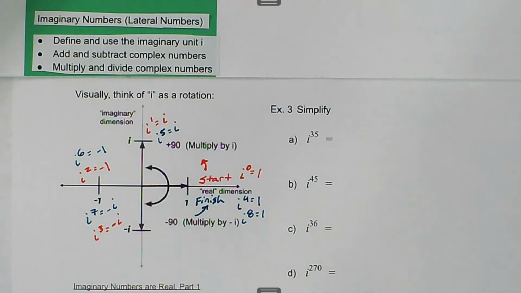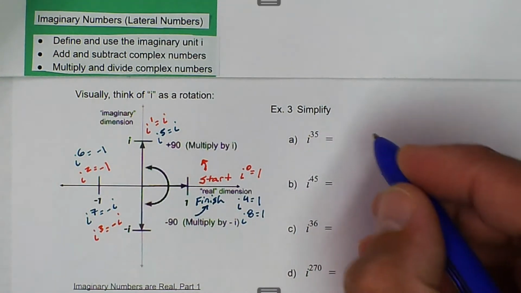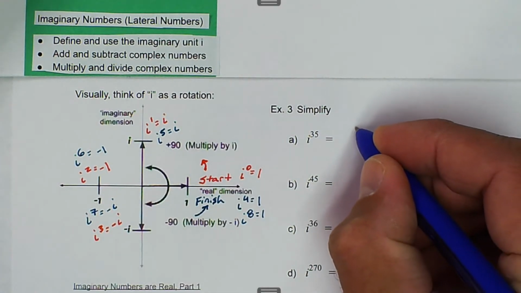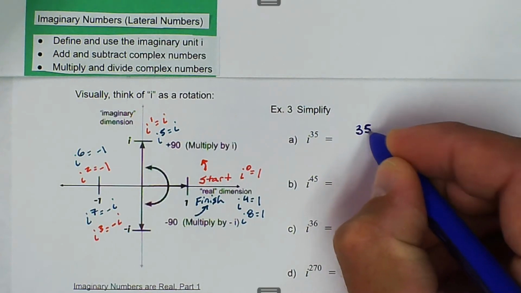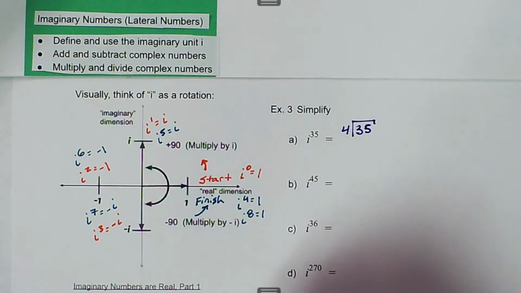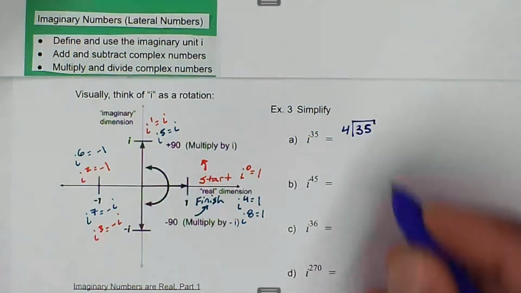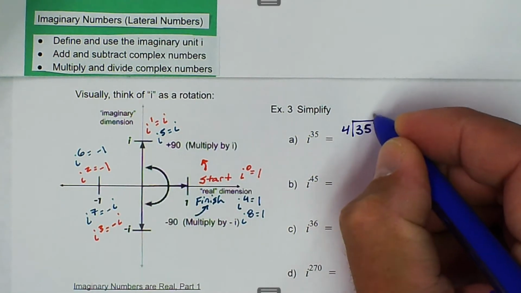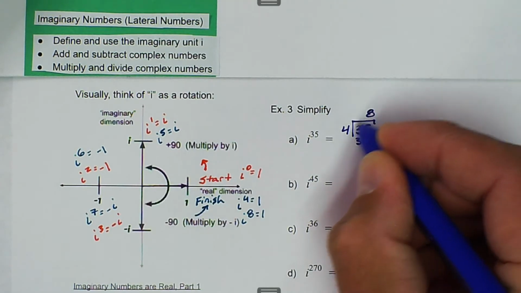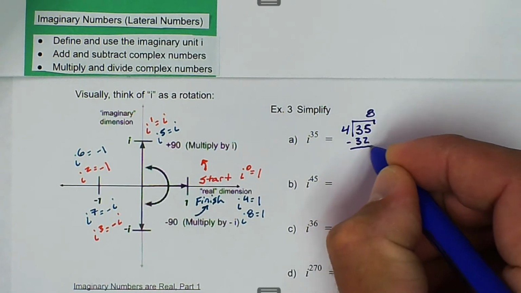So all we're going to do is take our exponent and divide it by 4. So 35 divided by 4. 4 goes into 35 8 times, and 8 times 4 is 32.